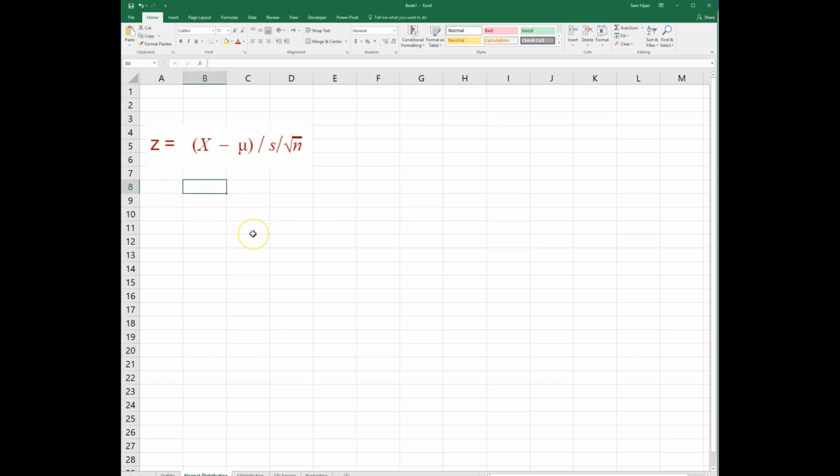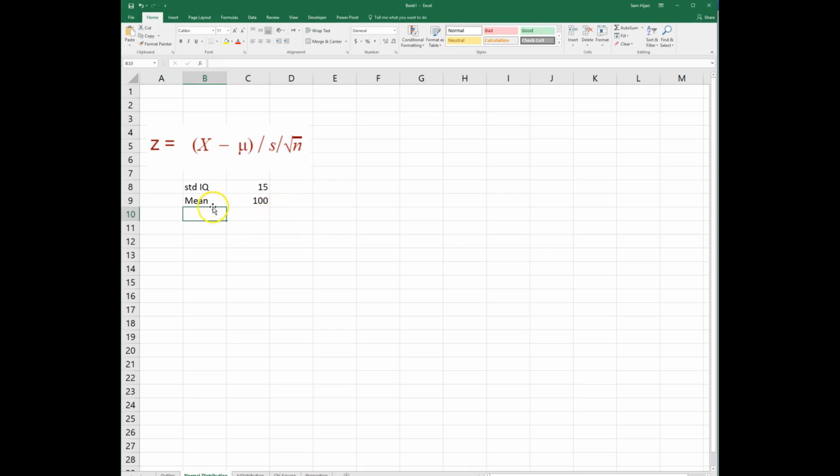And in reality, the standard deviation for the IQ test is 15, and the mean is usually 100. So these are classic values.